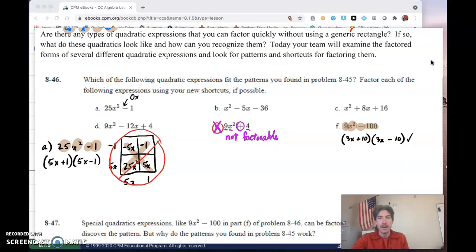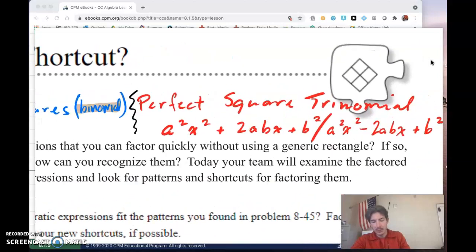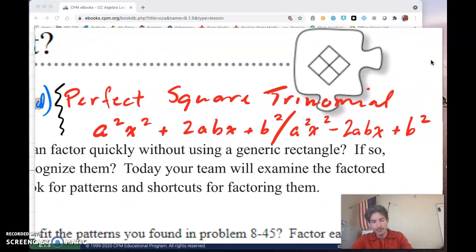The other one I'm going to show you guys today is what's called a perfect square trinomial. Now, I draw your attention to this word. It is a trinomial because it is a three-term polynomial. So I've got an x squared term, I've got an x term, and I've got a constant term.